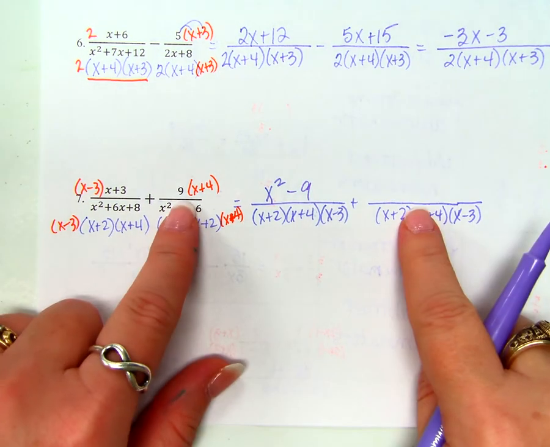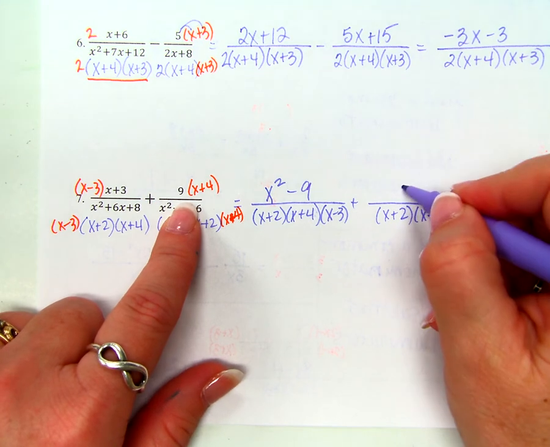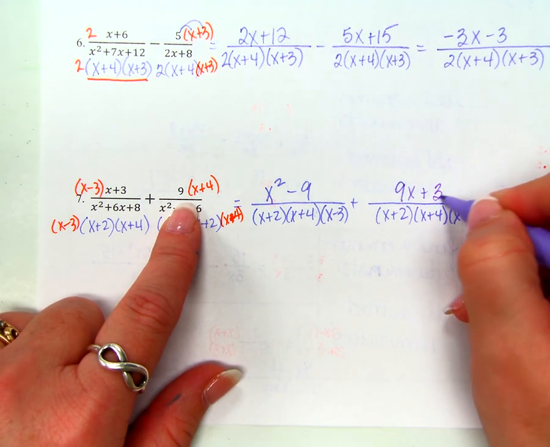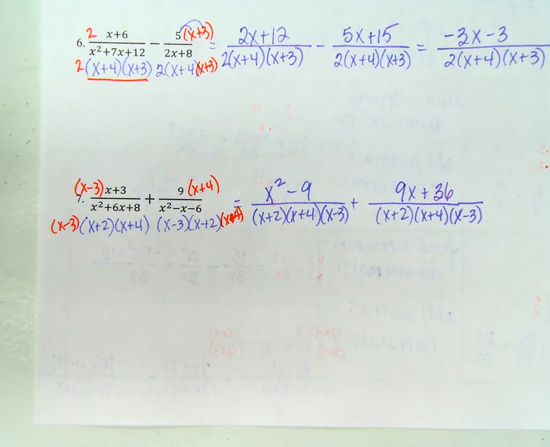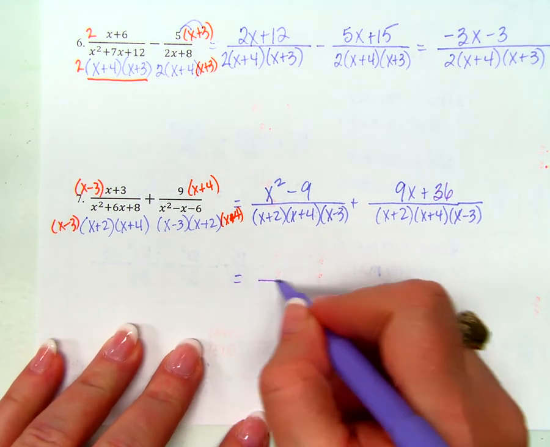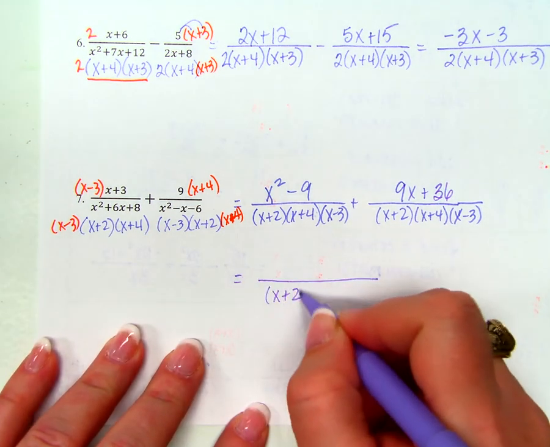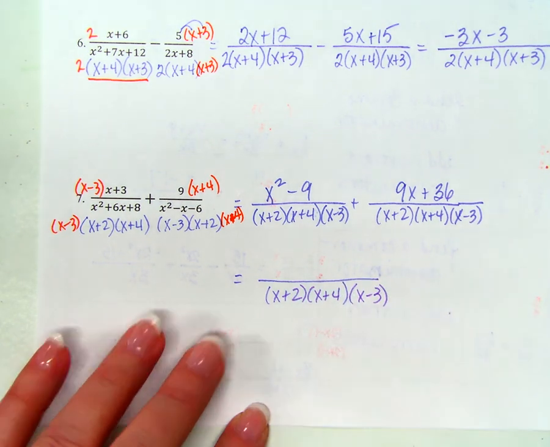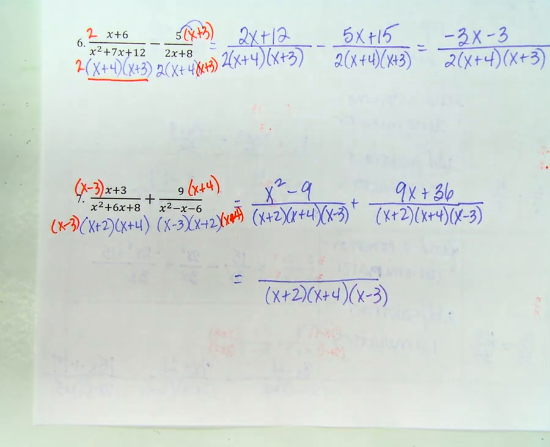What does the second one become? 36? Yeah? What's left?